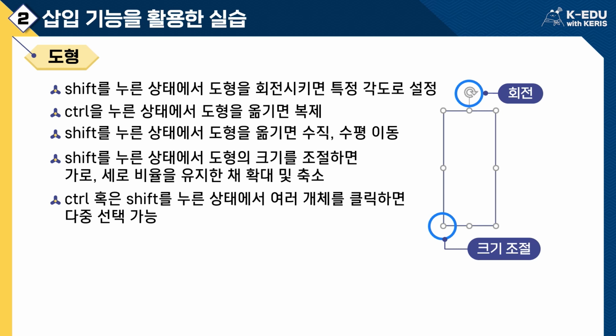Fourth, if you adjust the shape size while pressing Shift, it is possible to enlarge or downsize it while maintaining the ratio of vertical and horizontal line. And fifth, multiple selection is possible if you click several items while pressing Ctrl or Shift.